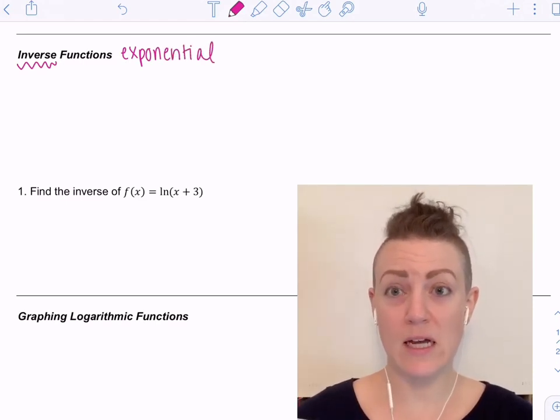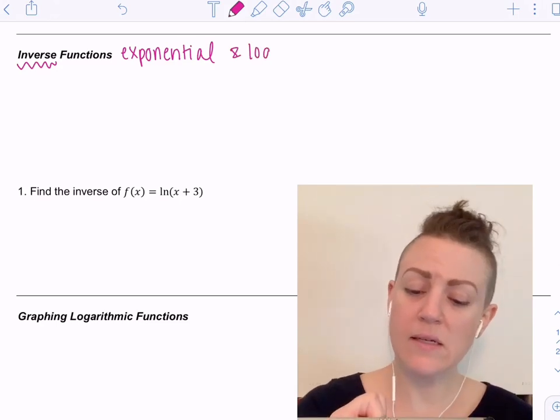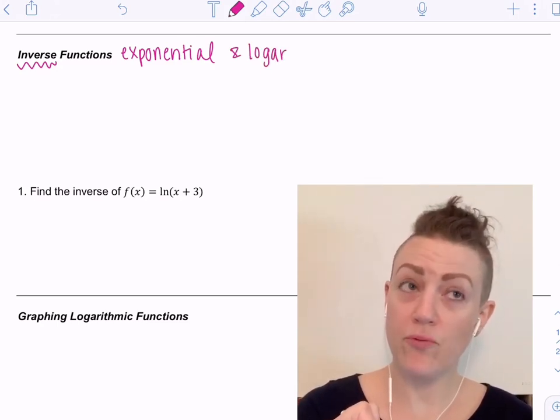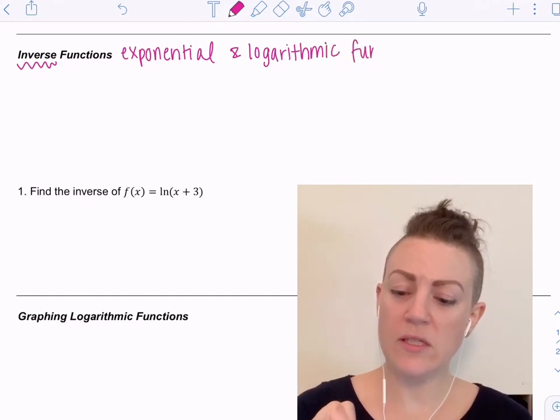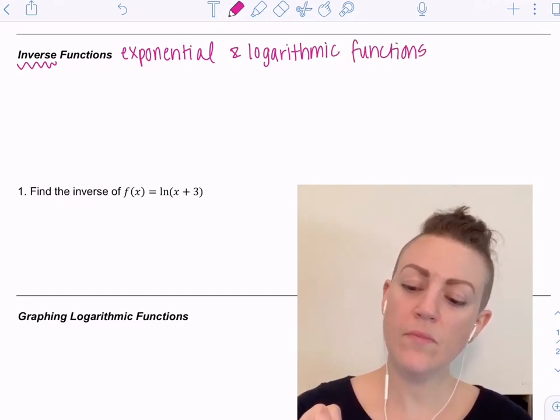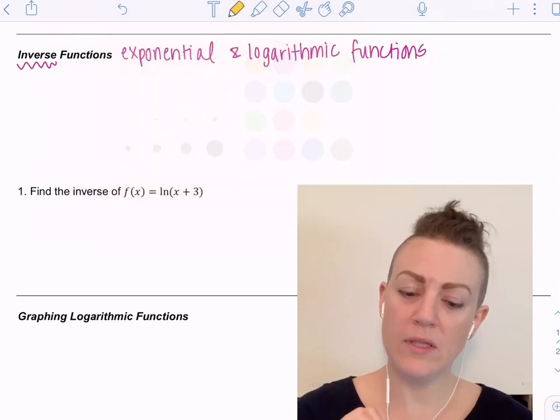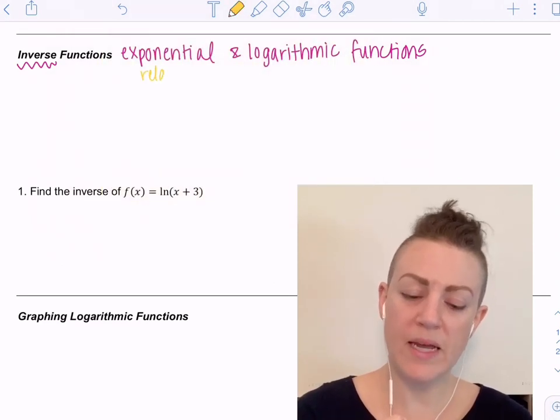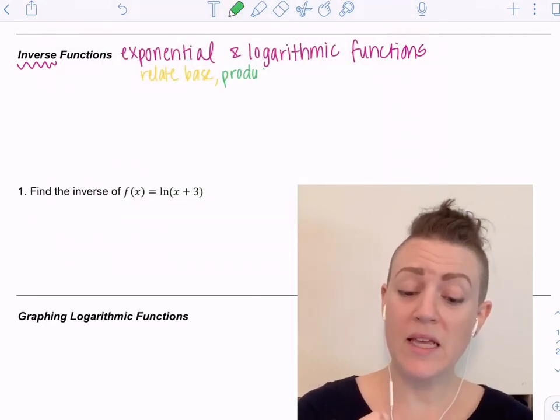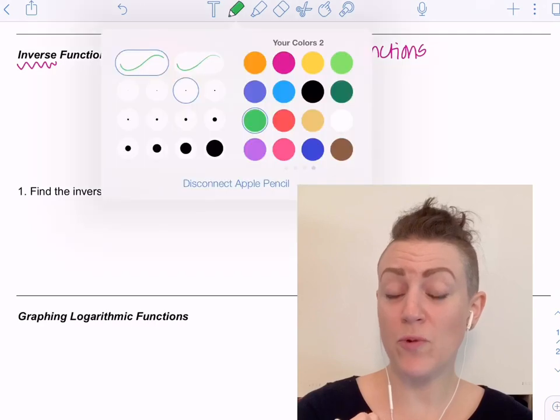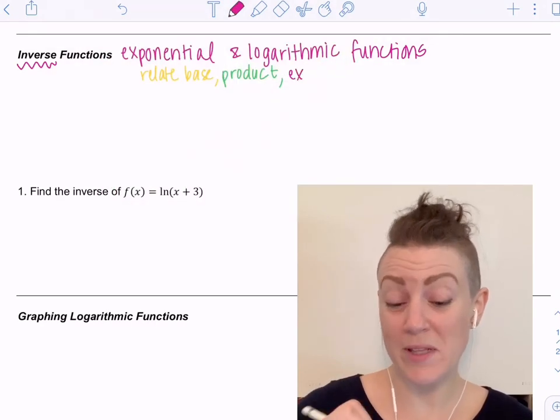They relate a base, a product, and an exponent, right? They both do. They just differ in which one they isolate and which one they emphasize, really.